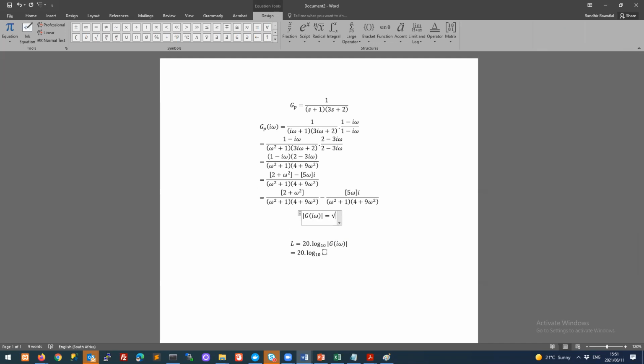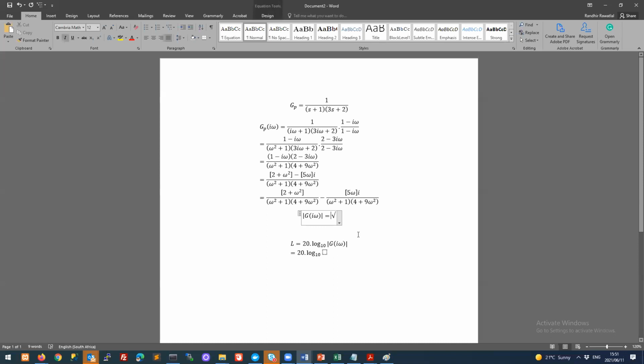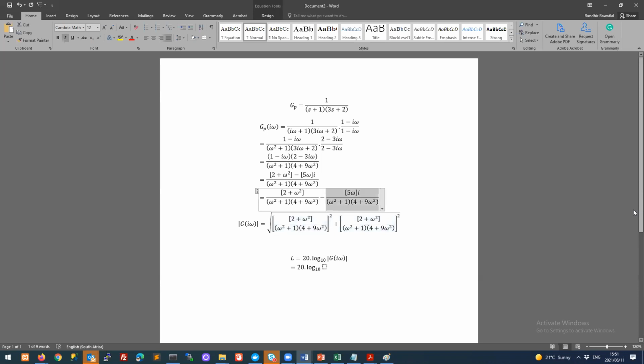So square root of the real part, which is all this stuff, squared, plus this thing all squared, right?